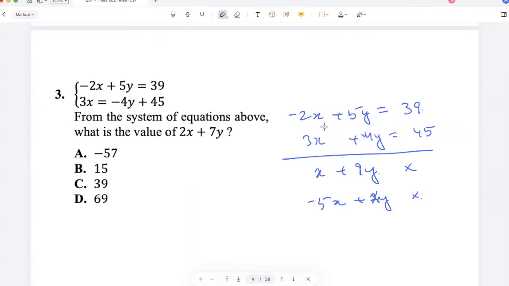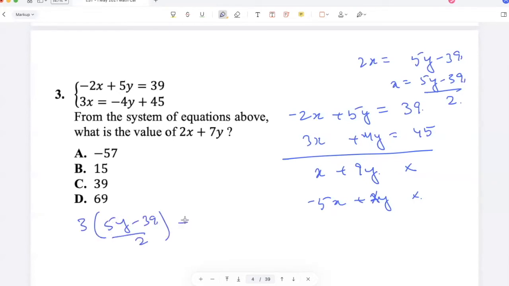Let me get x from the first one. So 2x is 5y minus 39. So x is 5y minus 39 by 2. And this I'll put in the second equation. So 3 times 5y minus 39 by 2 plus 4y is 45. So 3 times 5y minus 39 plus 8y is 90.